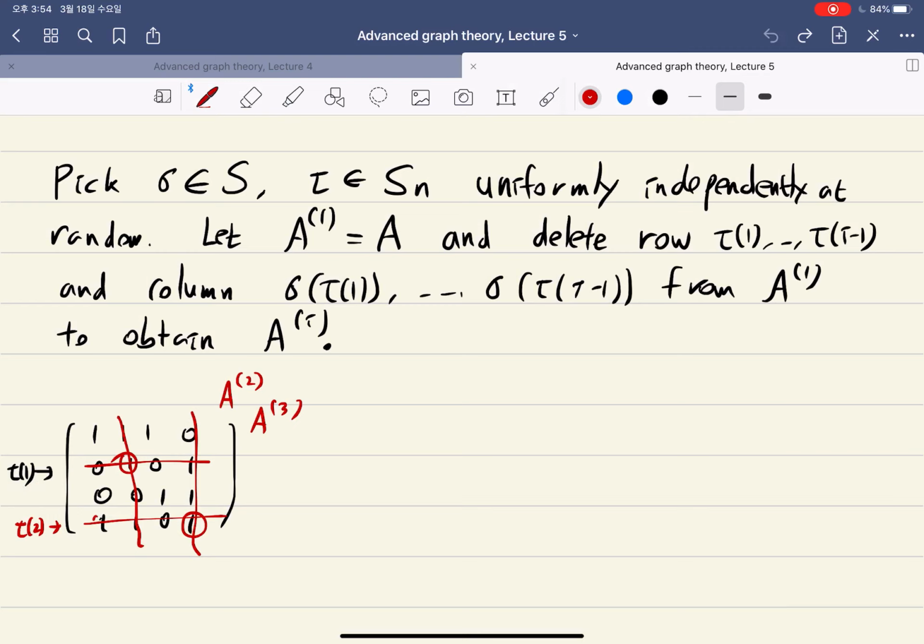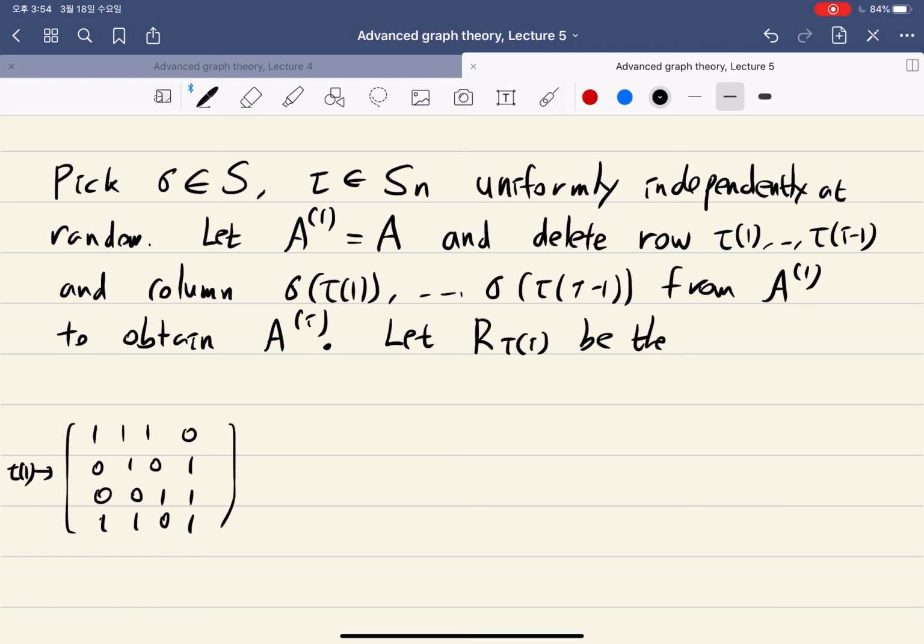Anyway, while you're doing that, what we want to do is the following. We let R_{tau(i)} be the number of ones of row tau(i) in this matrix A_i.